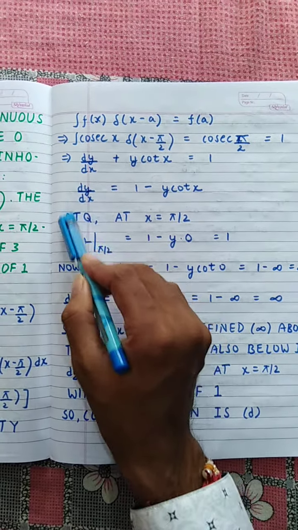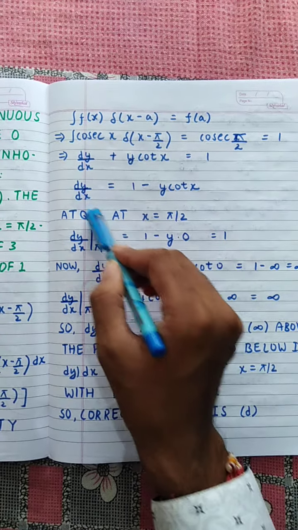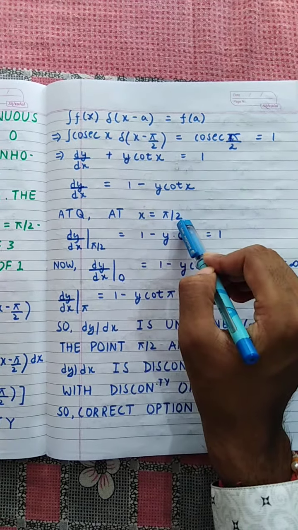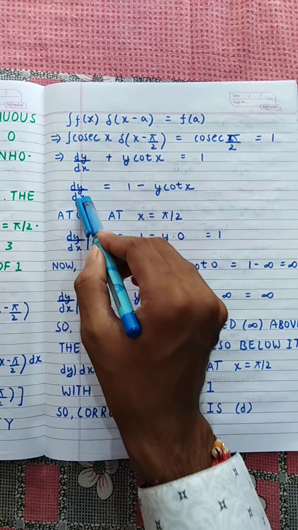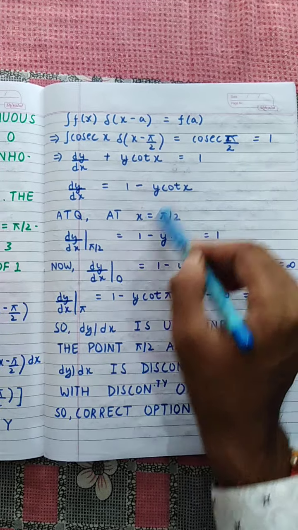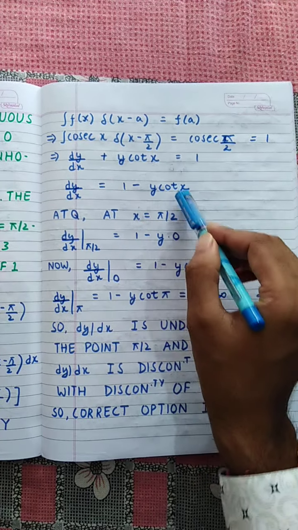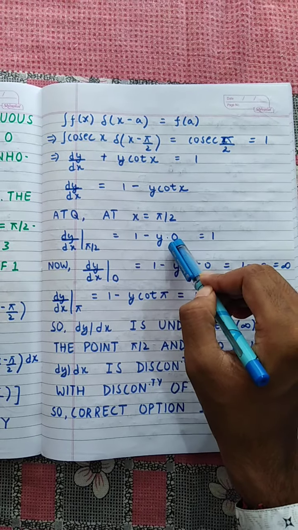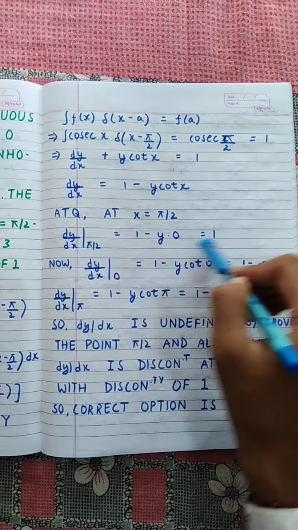Now according to the question, the point is x equal to pi/2. So dy/dx at x equal to pi/2 is 1 minus y cot of pi/2. Cot pi/2 is 0, so we obtain it as 1.